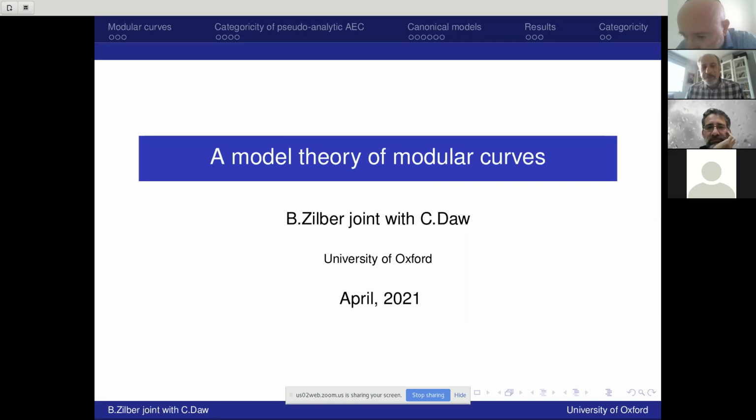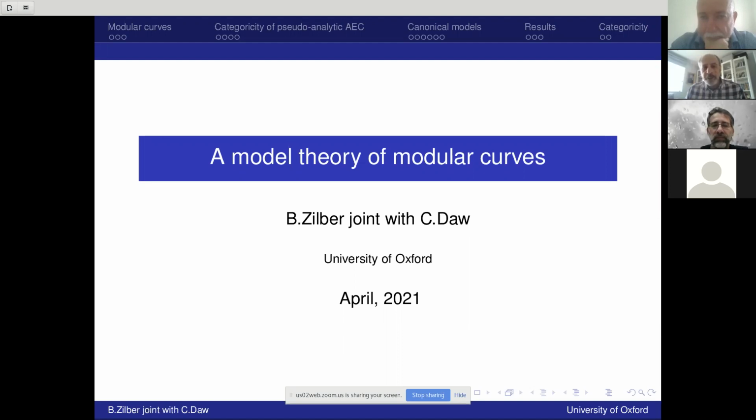Right. So this work is a joint work with Chris Dow, who is a much better expert in Shimura varieties and modular curves, and I'm learning on the go.